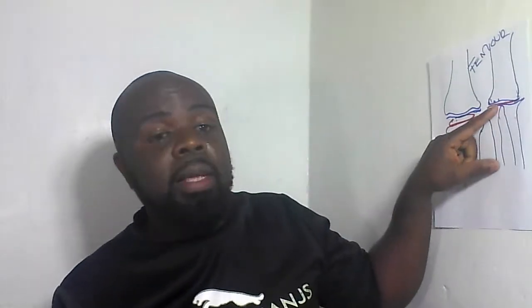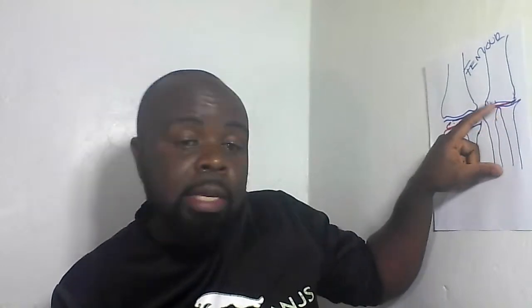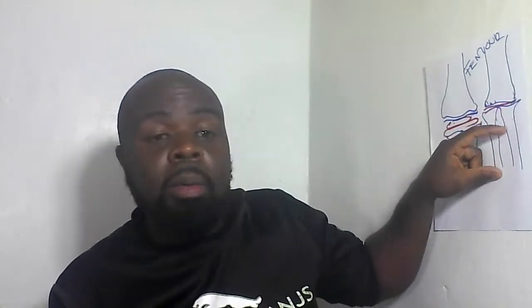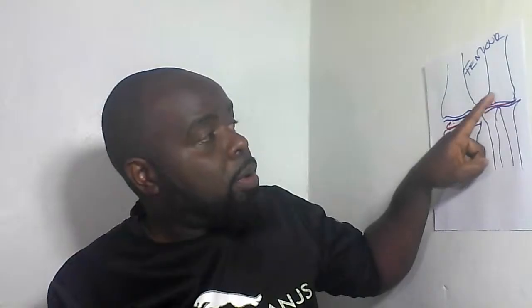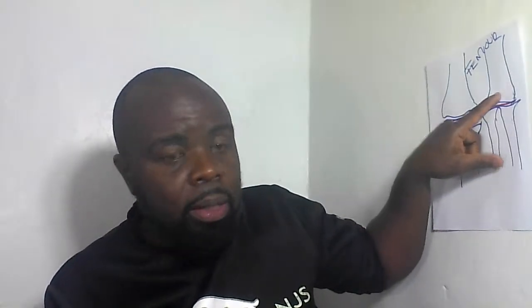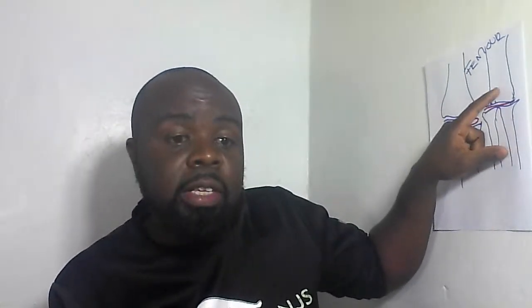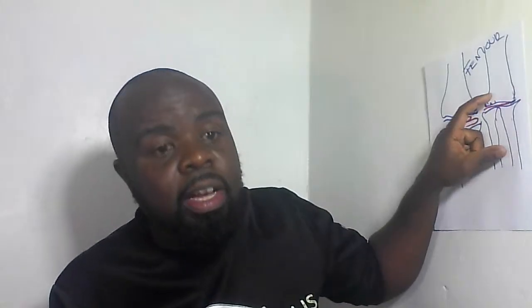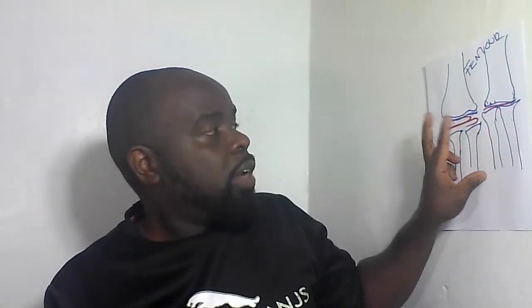If you move this, you will hear some noise, because this bone will be touching this. Any hard thing touching another one, there must be a noise, because now our synovial fluid is not there, it is bone to bone.